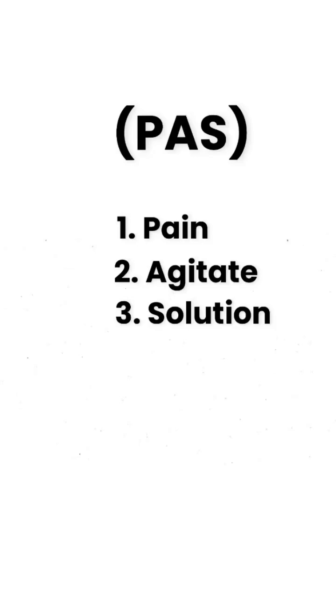Letting them know what it will cost them, or relaying the frustration that they're experiencing, right? And then you want to end it with your unique proposition, the solution, right? So pain, agitate, solution. If you follow that sequence, you're going to hit home with better messaging, and it's going to yield you better conversions. All right. Have a great one.